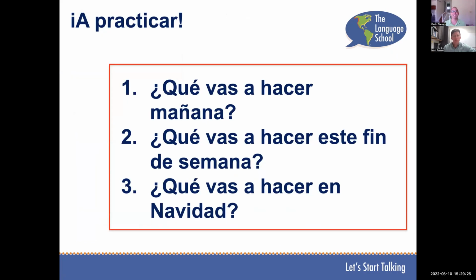¿Qué vas a hacer mañana? Yo voy a trabajar. ¿Qué vas a hacer este fin de semana? Yo voy a acampar en las montañas. ¿Qué vas a hacer en Navidad?